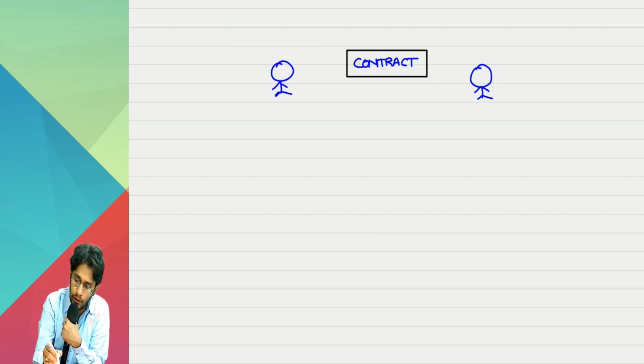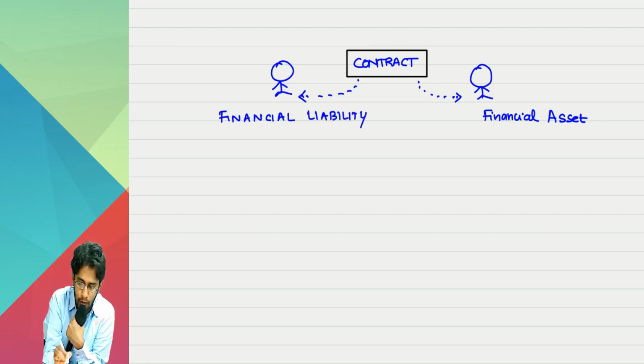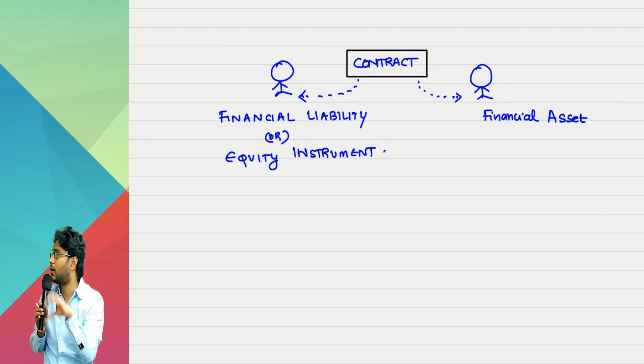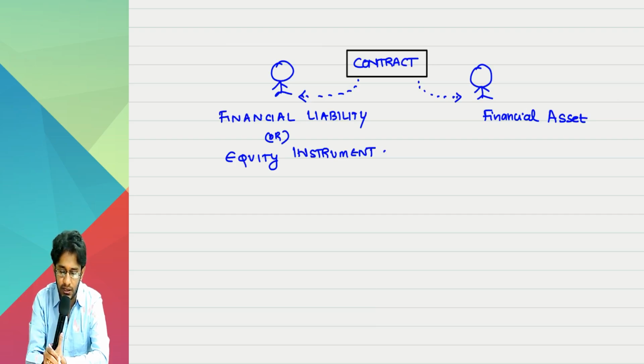To one party, this contract becomes a financial asset, and to the other party, the same contract becomes a financial liability or equity. This contract is called a financial instrument.